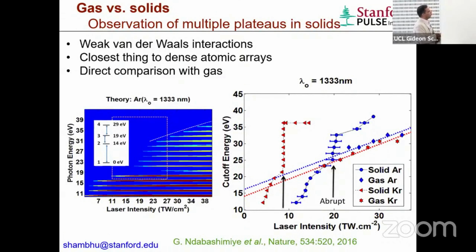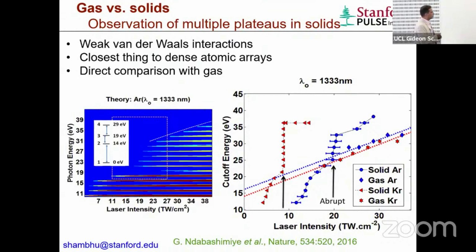This secondary plateau was understood at the time by including additional bands: instead of just two bands, if you add an additional higher lying band, you can produce this secondary plateau.